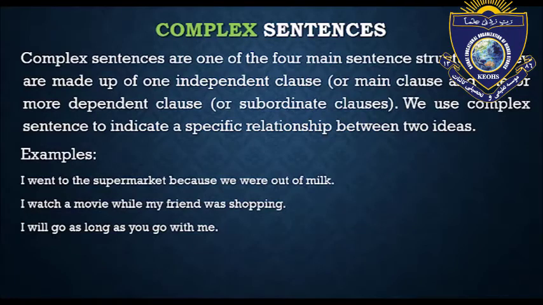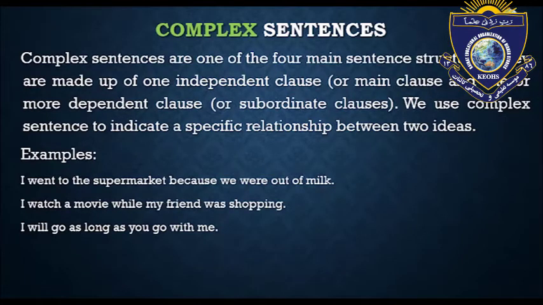This is a dependent clause that needs another sentence to make a logical thought. Because we were out of milk. Here, because is the subordinating conjunction. We were out of milk is the independent clause, which can stand alone.